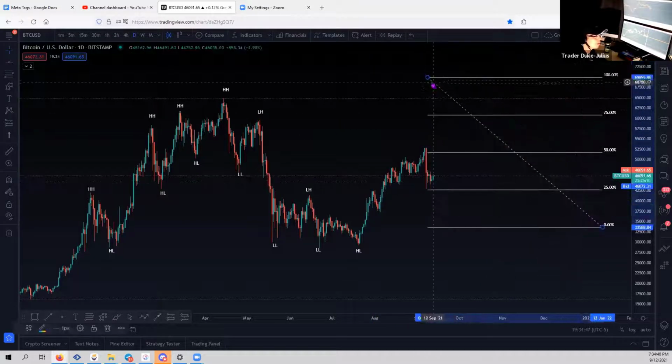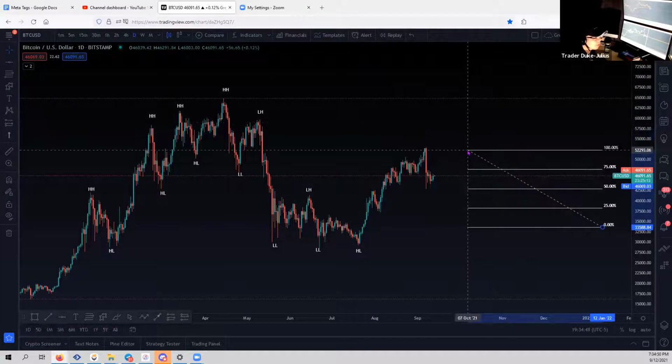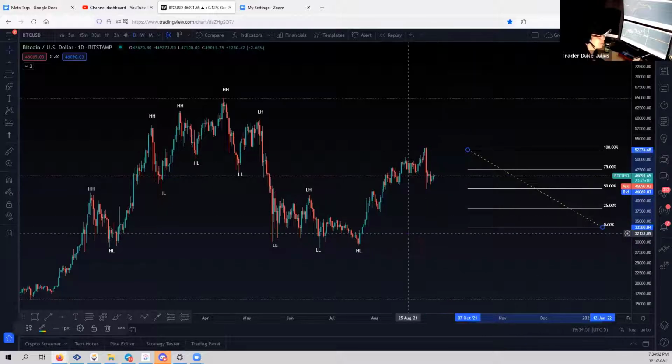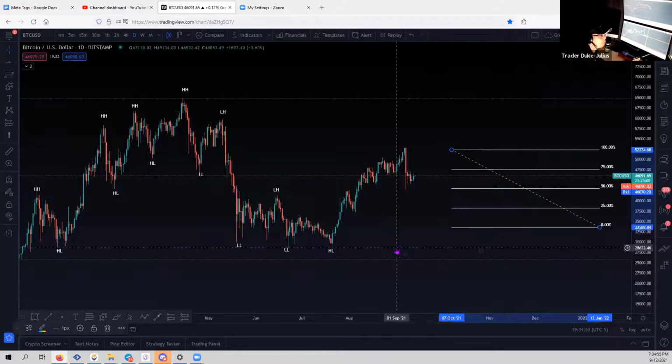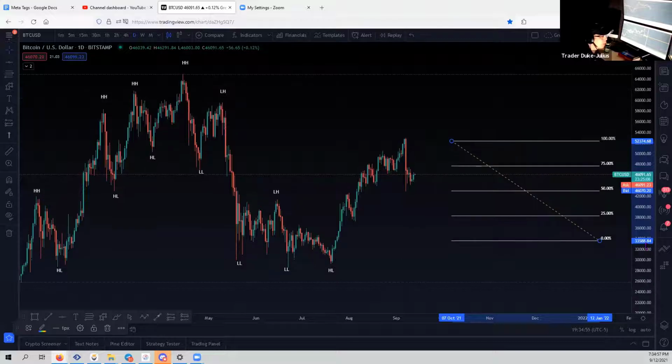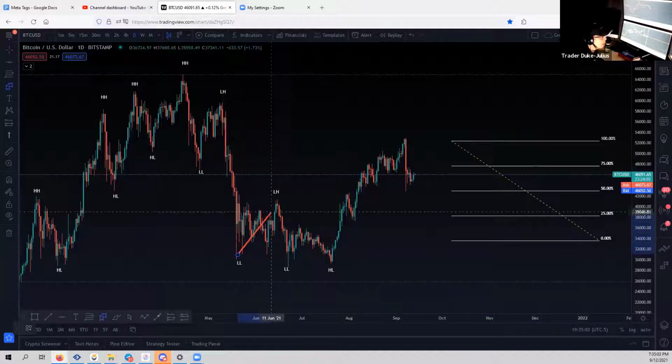So what's the purpose behind the fibs? The purpose behind the Fibonacci tool is it's going to tell us how far back a pullback is going to occur. In other words, we have price moving in this pattern. Let me change this color first.